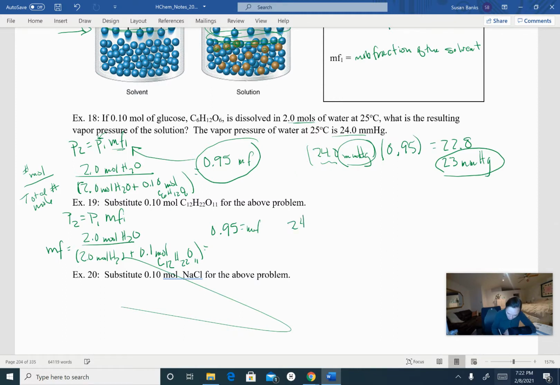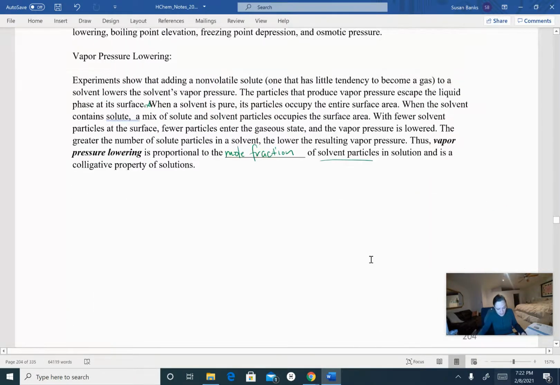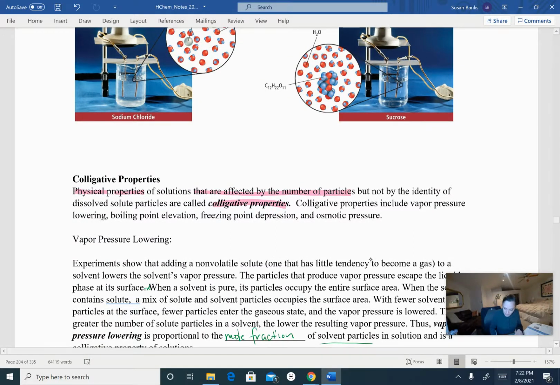So our calculations are going to be pretty much the same, aren't they? I start with my 24 millimeters of mercury. I multiply it by my mole fraction of 0.95. And with sig figs, I'm going to get 23 millimeters of mercury. So notice, just like I said up top, it's not the identity of the dissolved particles, but it is the number of particles.